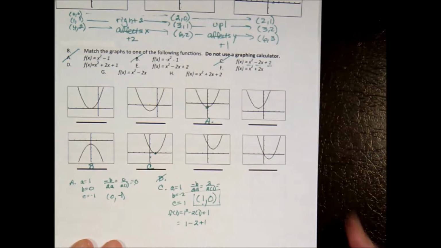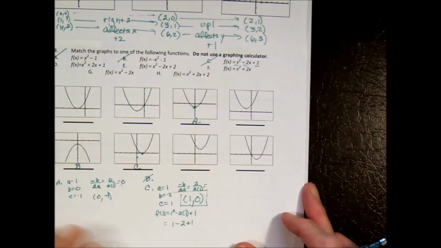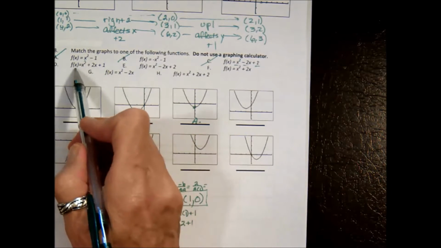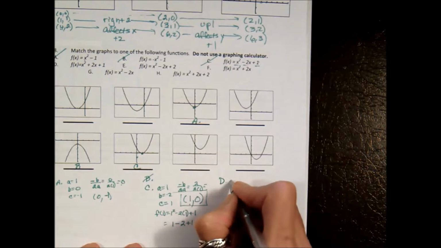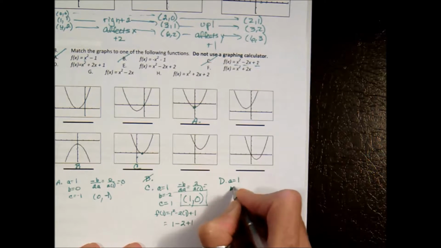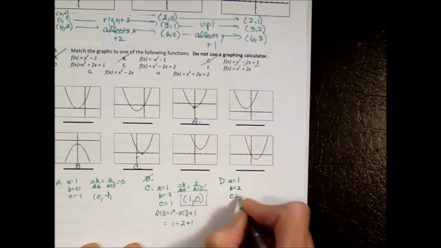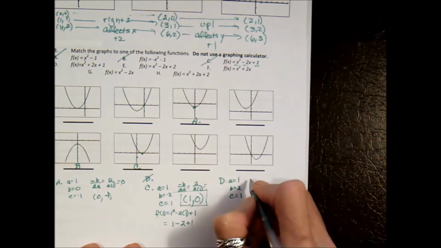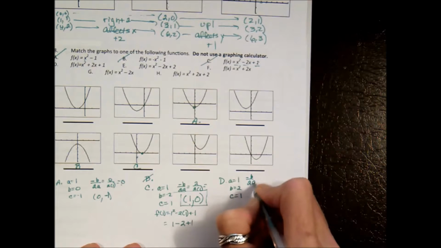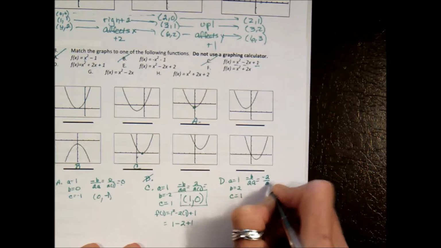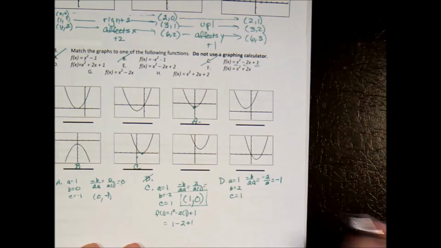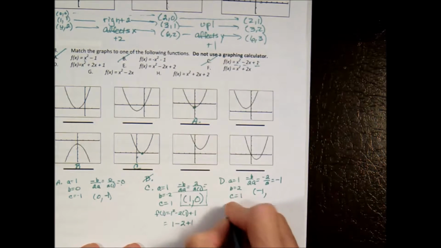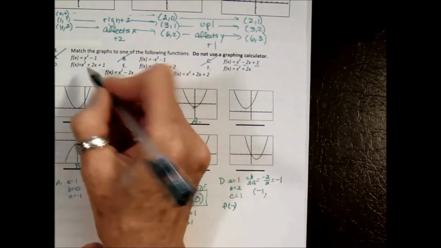I hope you get the idea of what I'm doing. It's a little bit more work than the one when they're given in transformation form. All right, let's look at D. For D, my A is 1, my B is 2, my C is 1. So -B over 2A is -2 over 2, or -1. Now I need f of -1 in this equation. I'm on D, so I'm on that equation.